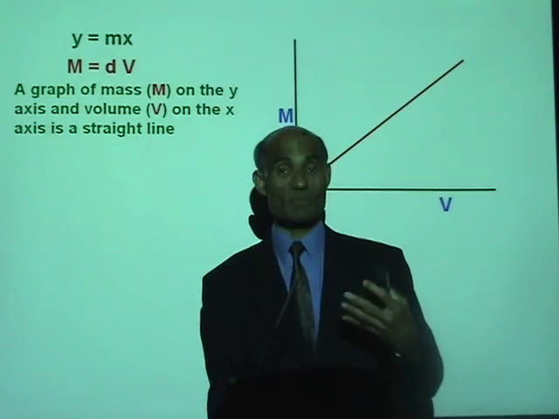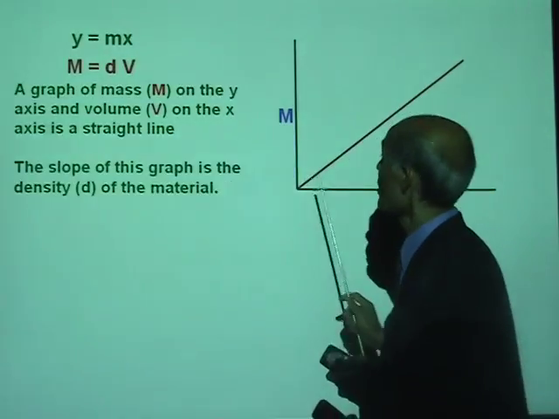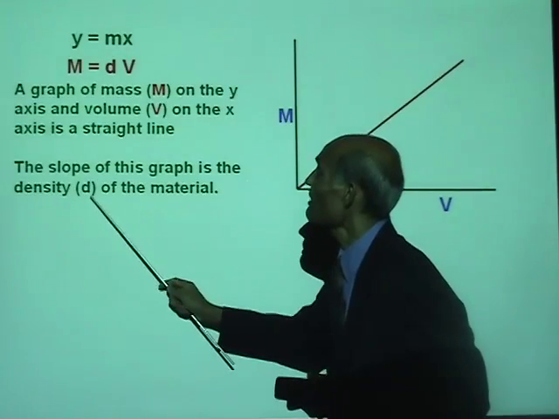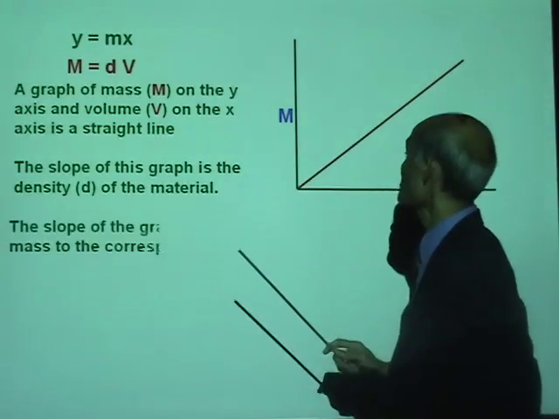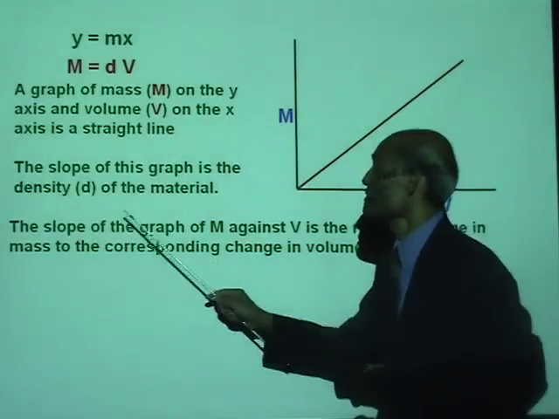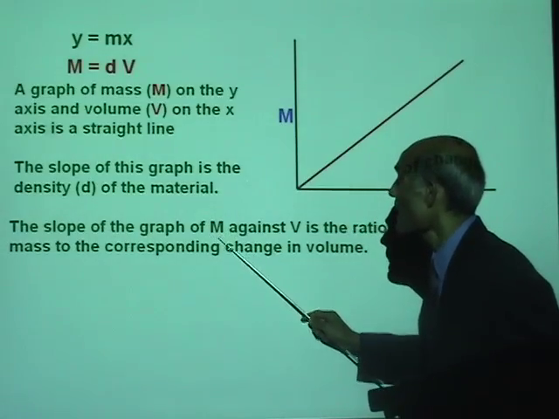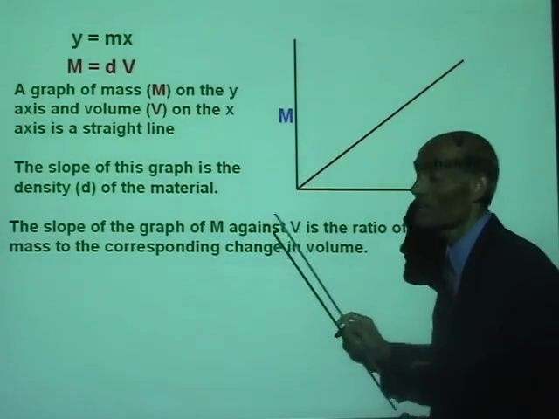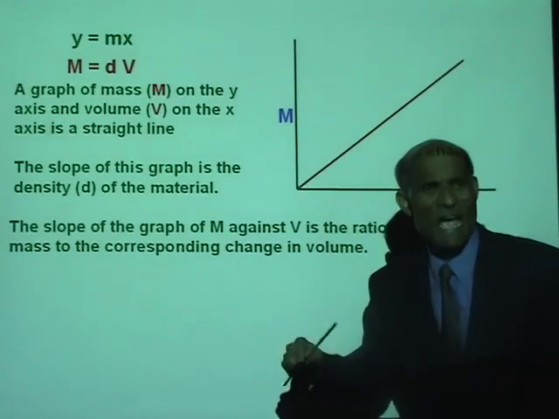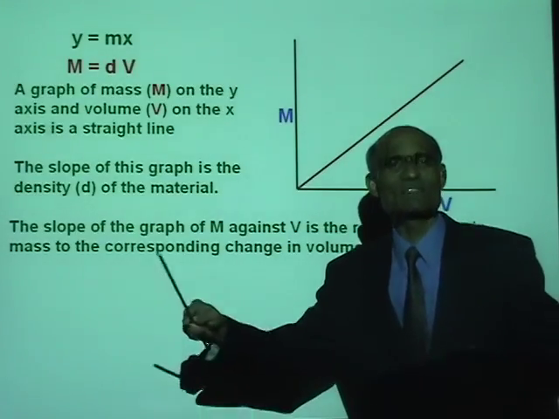We are experimenting with one substance. So the slope of this graph is density of the material. Now the slope of the graph of m against v. What is the meaning of graph of m against v?